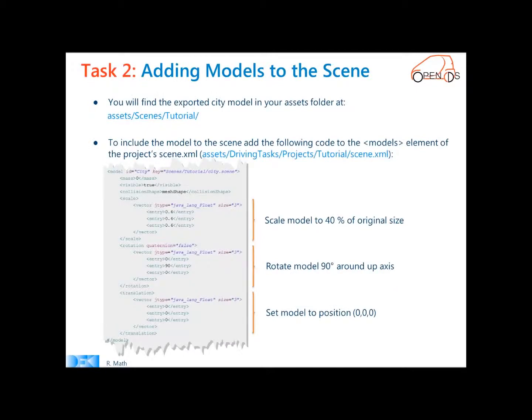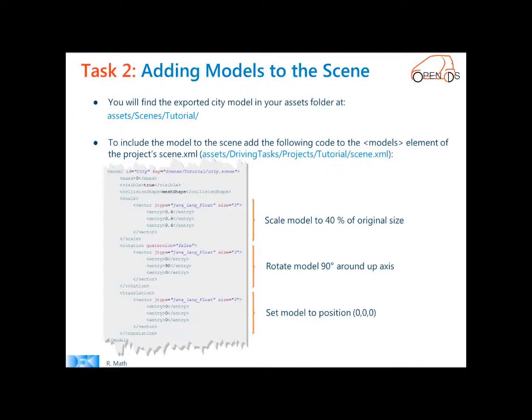Okay, now I created this scene, and here's our second task where the action from your side comes in again. We now want to add this model I just converted to our empty scene. So what we have to do is to add the following code that you can find in this slide.